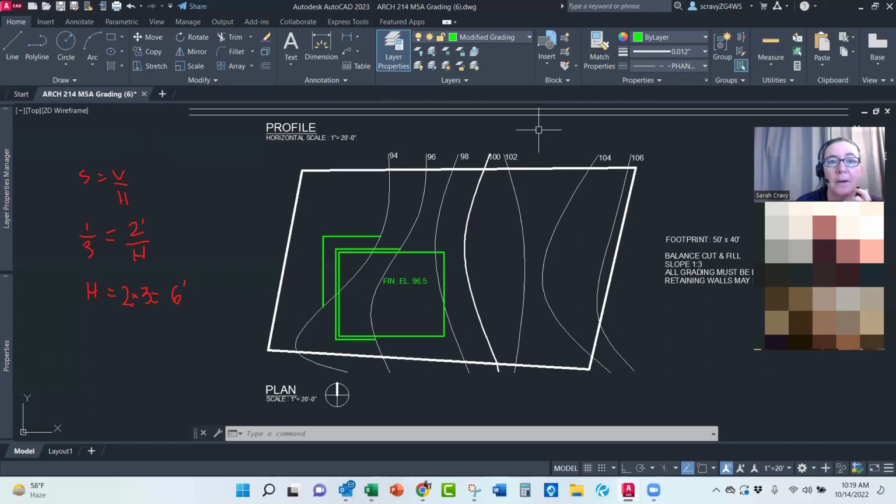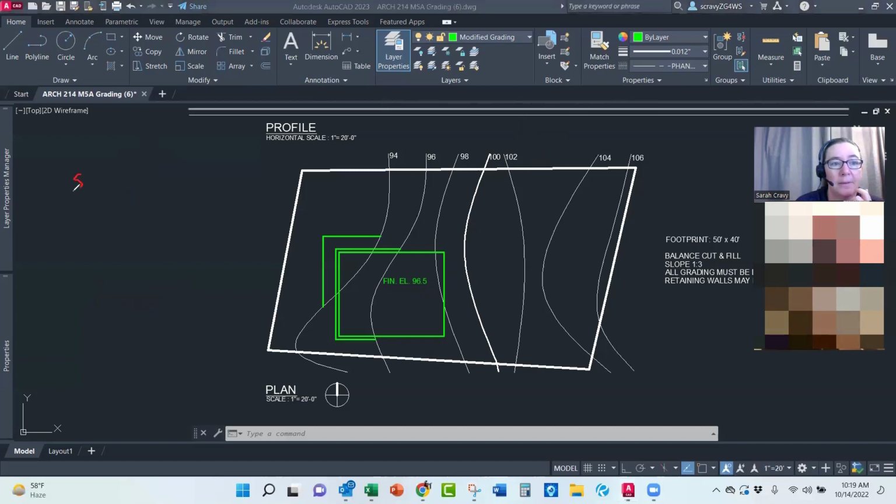So let's do our little calculation. S equals V over H. So 1/3, that was given, equals our vertical. What you did was take the 98 and take away the 96.5, and that gives you 1.5.